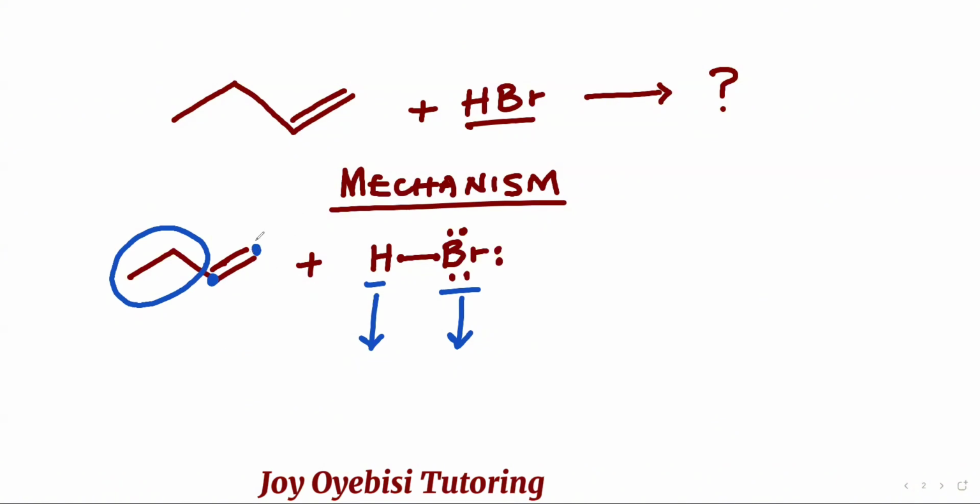We actually have only 2 hydrogens here, and just 1 hydrogen here, but more carbons. So this is more substituted. That's the carbon that would have the bromine, and the hydrogen will go to the other one that has just hydrogens. So with that information, it will help us draw the right arrows.